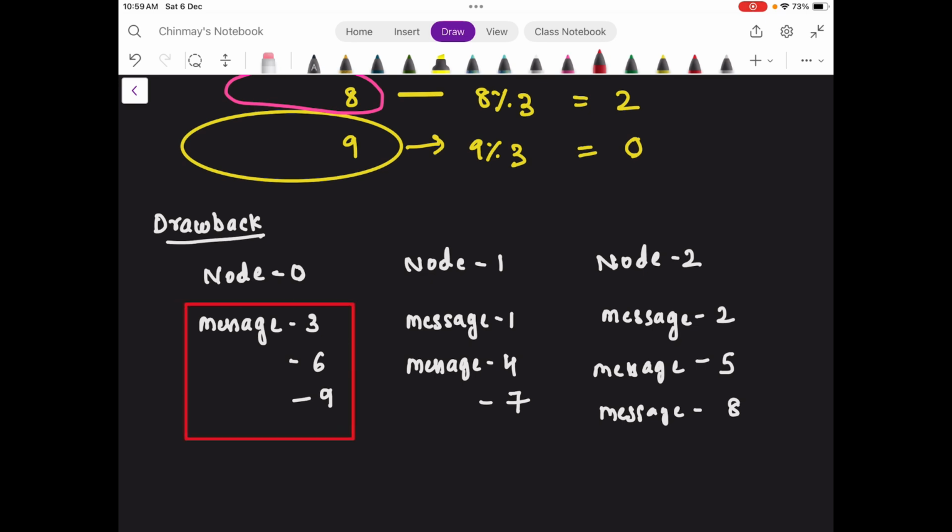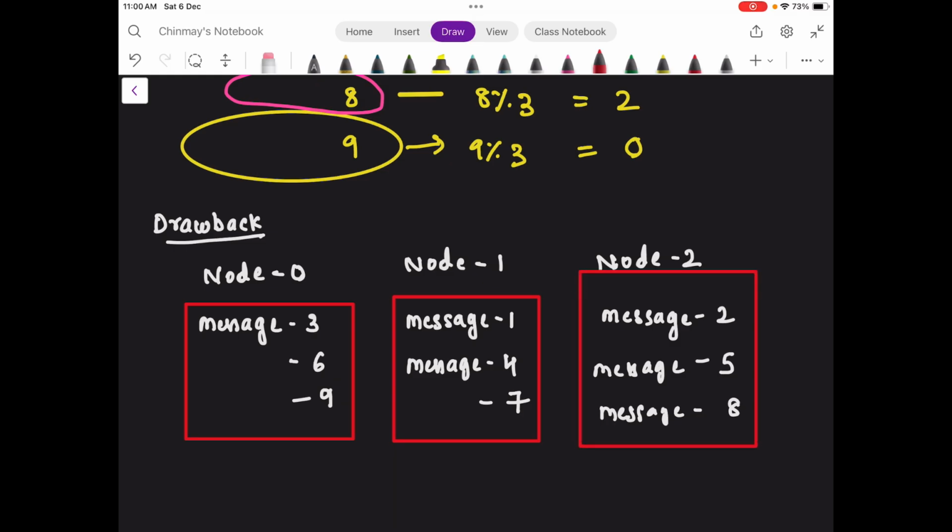Let's imagine node 2 is completely down. Now we have to transfer these messages to either node 0 or node 1.